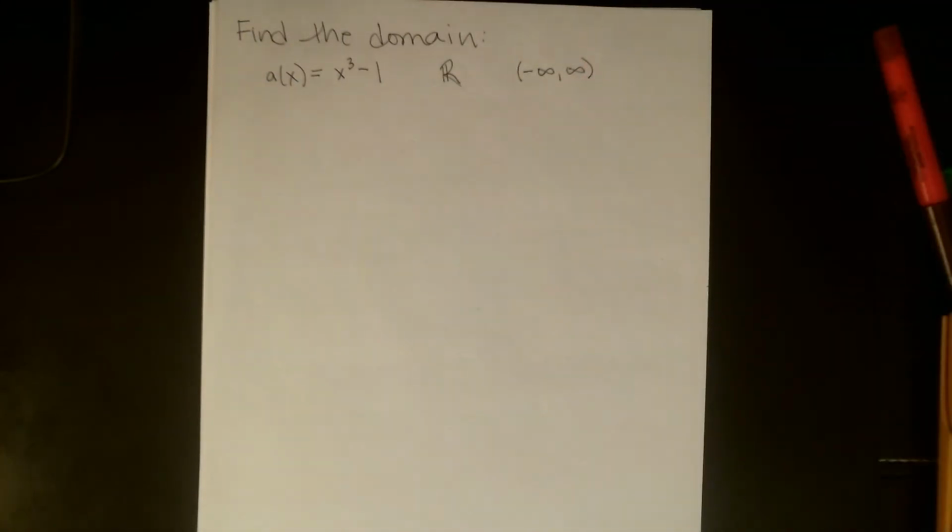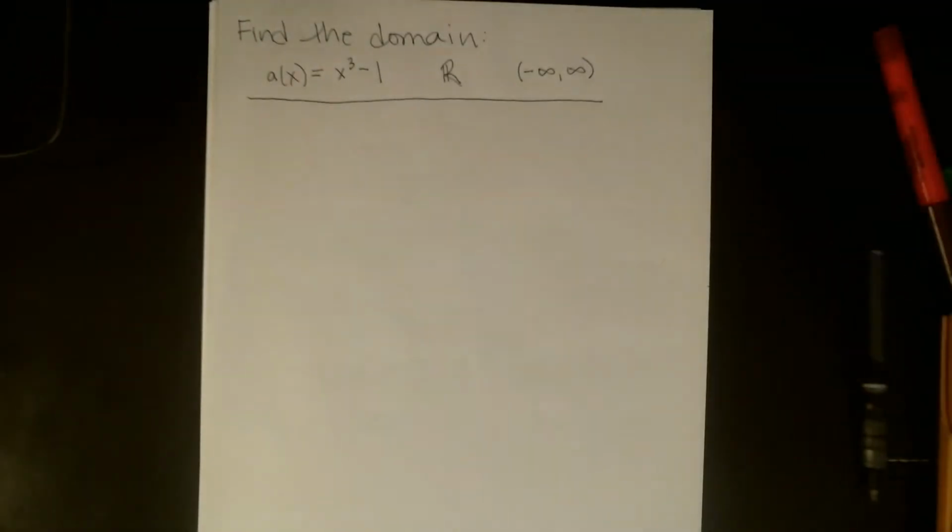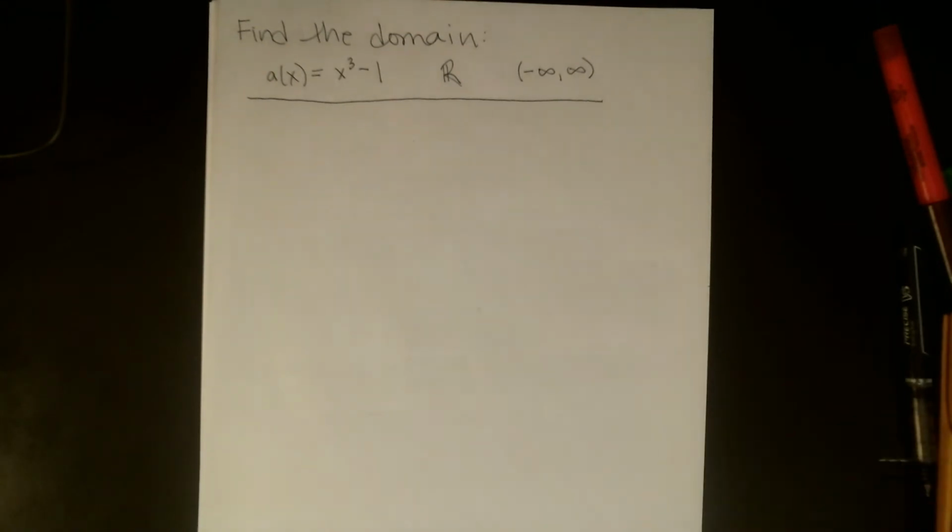In case I haven't said this yet, we always give infinity round brackets. The idea is that you can't actually get to infinity, so you can't really include it in an interval. So anytime you're using an infinity or a negative infinity, it should get a round bracket. So there's actually a lot of the functions that we work with right now will have a domain of all real numbers.